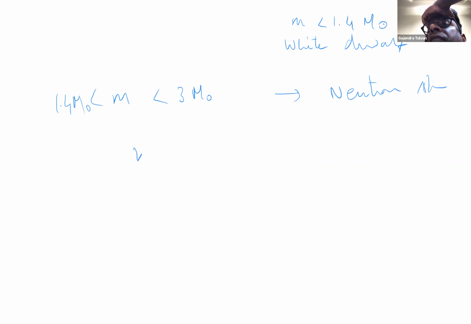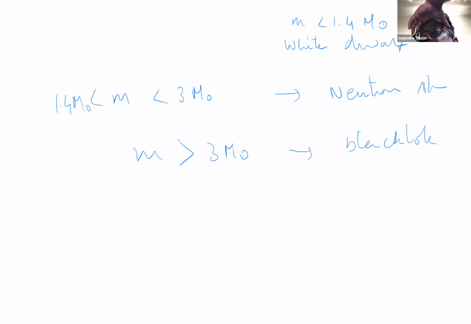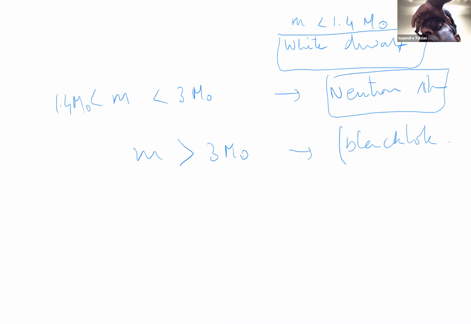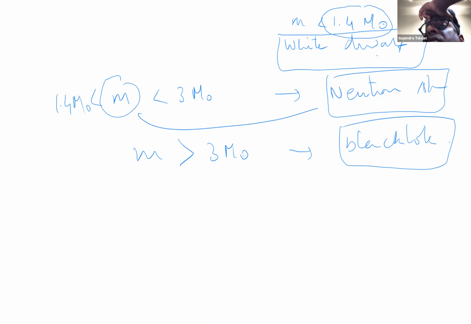And if the mass of the core is greater than 3 times the solar mass, then it becomes a black hole. So when a star dies, it can become one of 3 things: a white dwarf, a neutron star, or a black hole, depending on the mass of the remnant object. Less than 1.4 solar masses, white dwarf. In this range, a neutron star, and greater than 3 solar masses, it becomes a black hole.